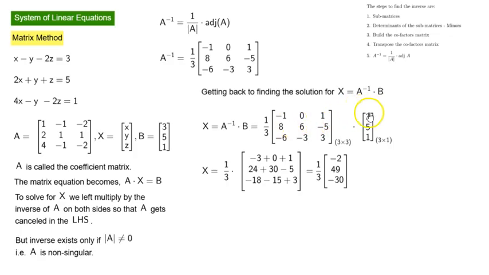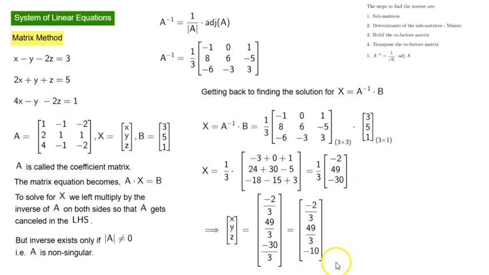Now multiply: 1 by 3 times minus 3 plus 0 plus 1, 24 plus 30 minus 5, minus 18 minus 15 plus 3. Simplify it to get 1 by 3 times minus 2, 49, minus 30. Simplify it to get x, y, z is equal to minus 2 by 3, 49 by 3, and minus 10.